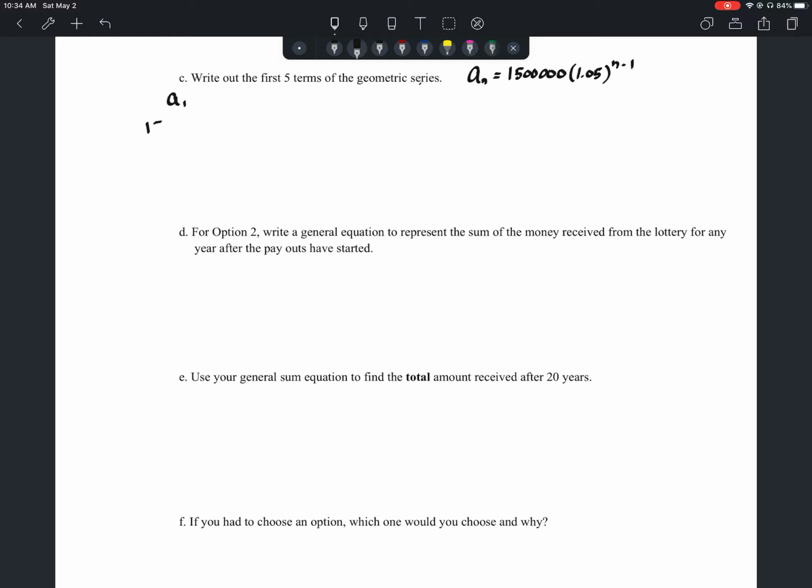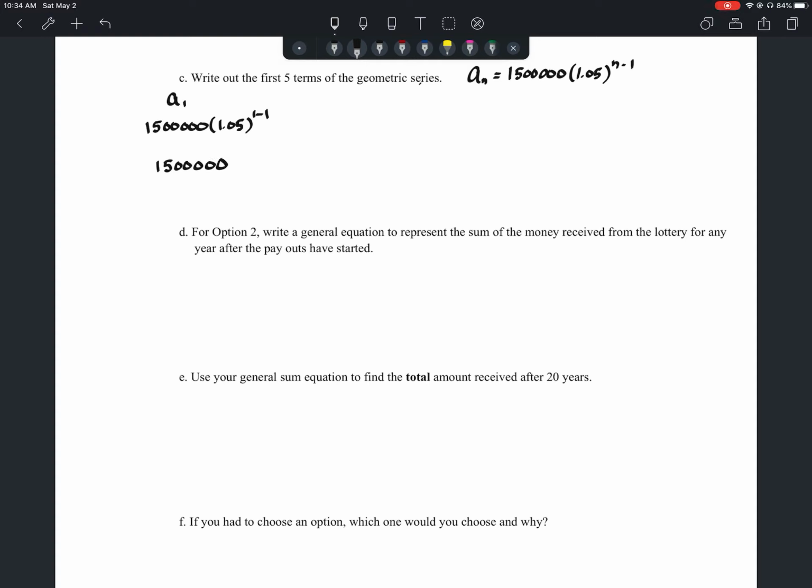We'd say 1,500,000 times 1.05 to the power of 1 minus 1. Well, 1 minus 1 is 0, and 1.05 to the power of 0 is 1. So we know that that first payment was 1,500,000. The reason I'm doing this is just to make sure we're comfortable with the rest of them.